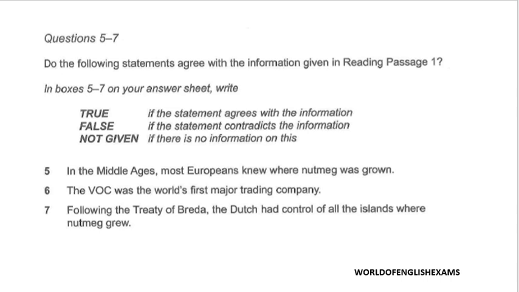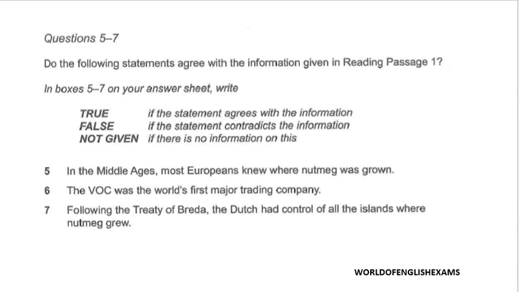That is, it's not found. Nothing about the sentence or the statement is being discussed in the passage. Then the answer is not given. So please read the instructions properly so that you will understand this basic concept, and this will help you answer true, false, not given.